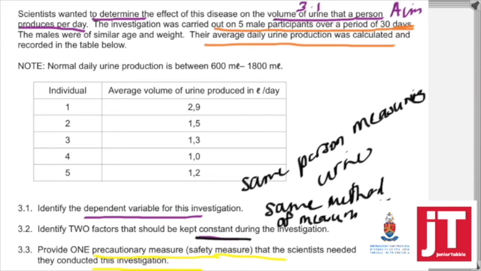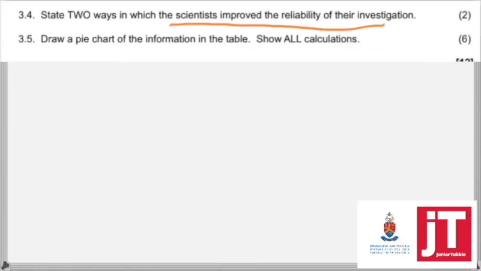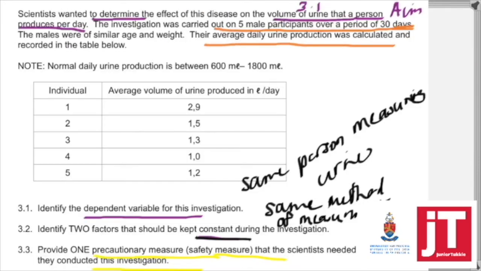When they ask you how the scientists improved the reliability, you always make sure that you go back to the passage. Here you can see the scientists did the experiment over a period of 30 days and they calculated the average urine daily production. So that would be your answer to 3.4.